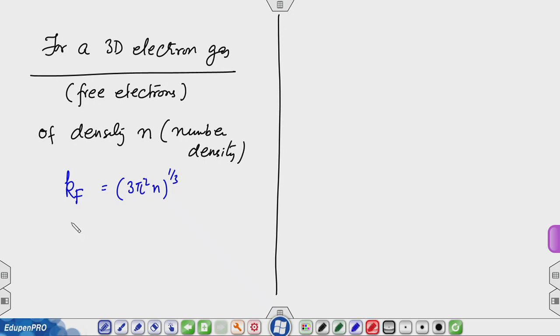Then we have Fermi energy epsilon F, which is h cross square kF square over 2m.